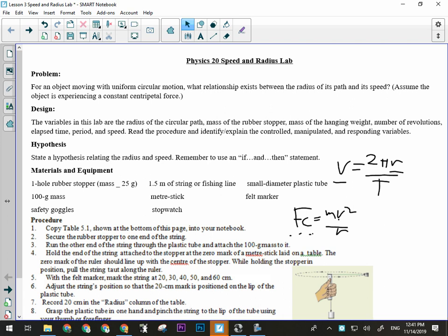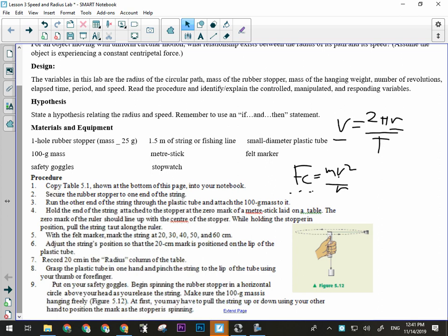Okay. So procedure, like we said, pretty straightforward. You know what to record. These are going to be our radii, except you're probably going to want them not in centimeters, but in meters. And make sure that when you're measuring, the radius is measured from the edge of the tube. Put the mark down here. So here's a radius of 20 centimeters.